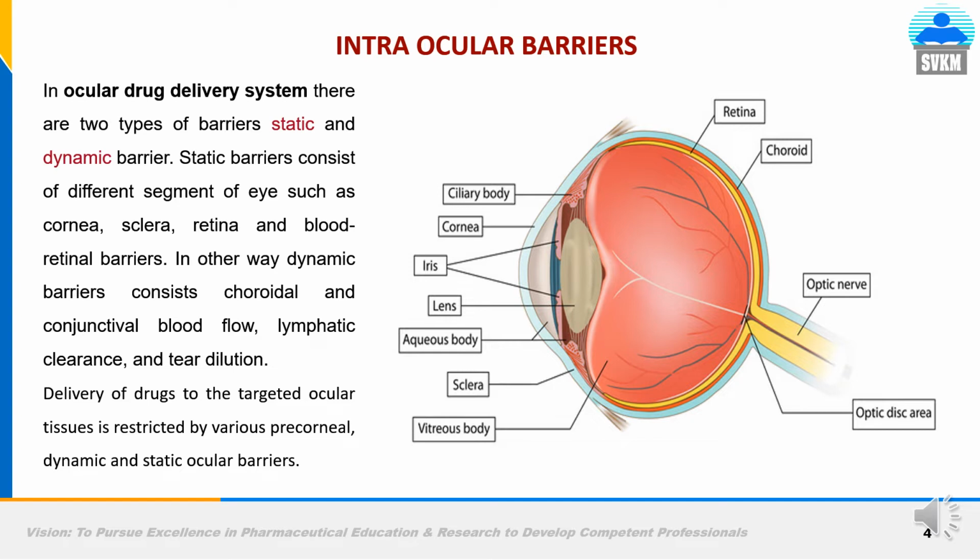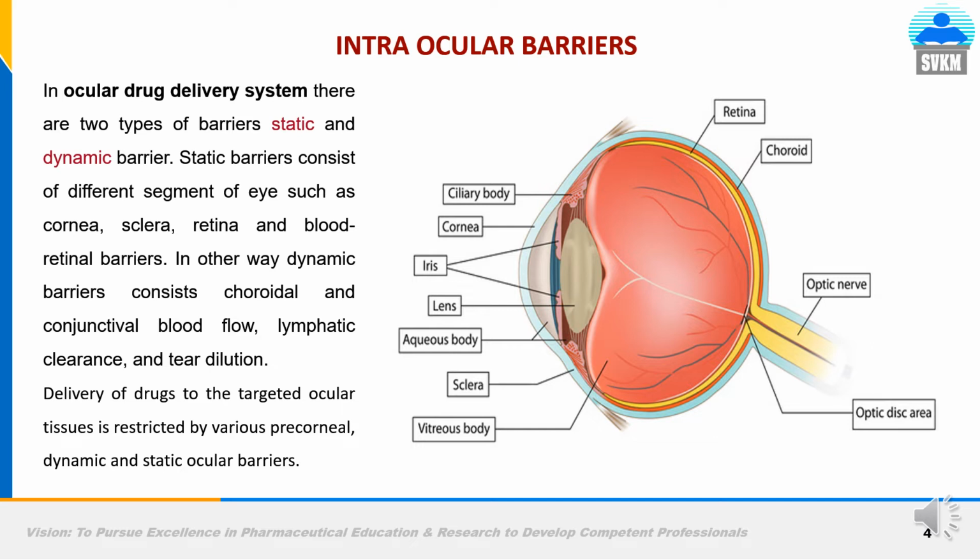So, overflow occurs. Next factor is dilution of drugs by tear turnover. Do you know normal human tear turnover is approximately 16% per minute, and again it is stimulated by various factors like drug, pH, tonicity.